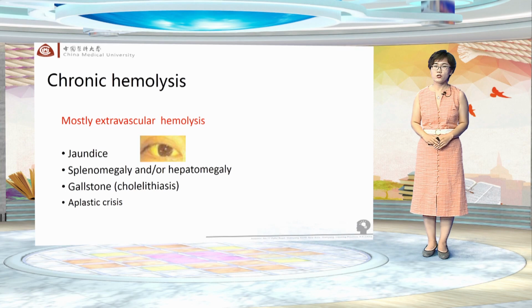Besides anemia, jaundice, splenomegaly, and hepatomegaly are usually apparent. Due to long-term hemolysis, some people have gallstones, that is, cholestasis. Hemolysis may suddenly get worse after infection.